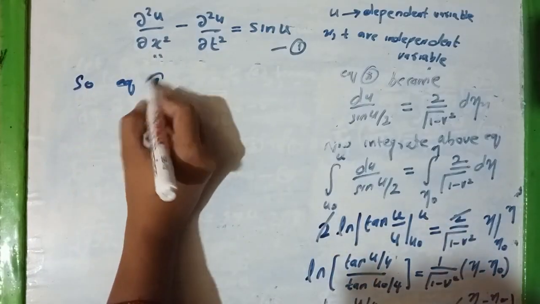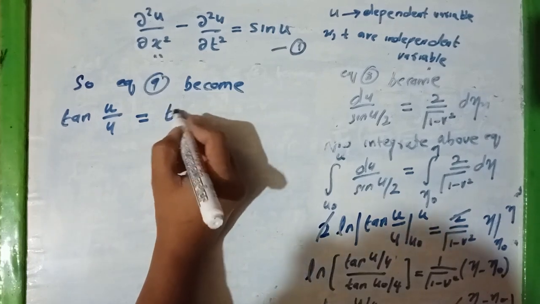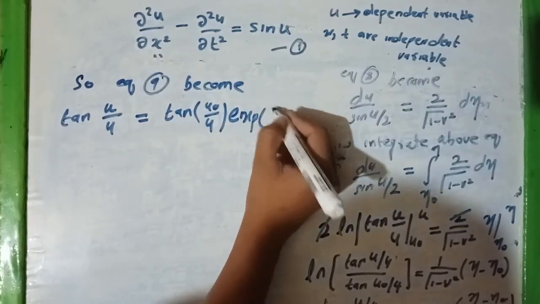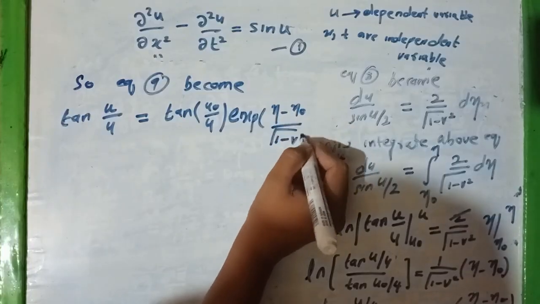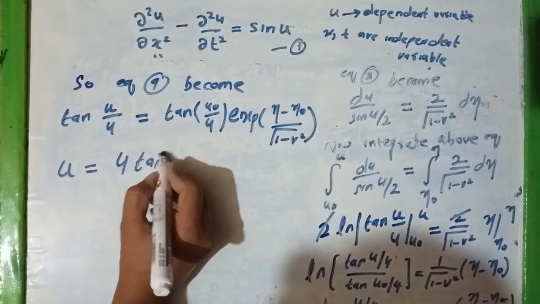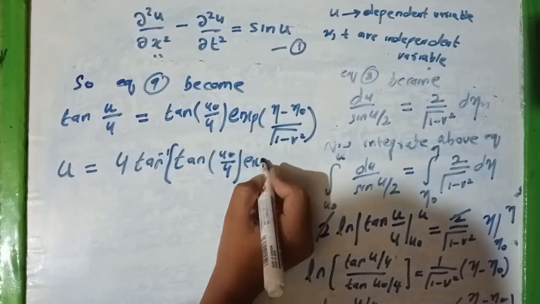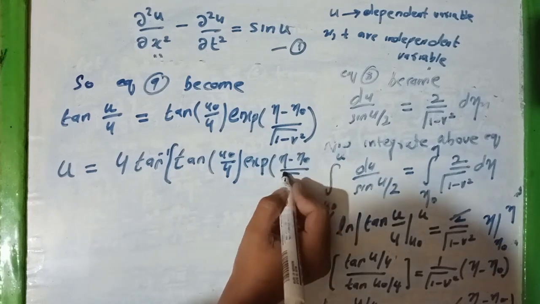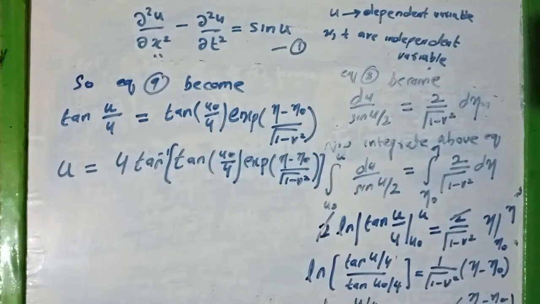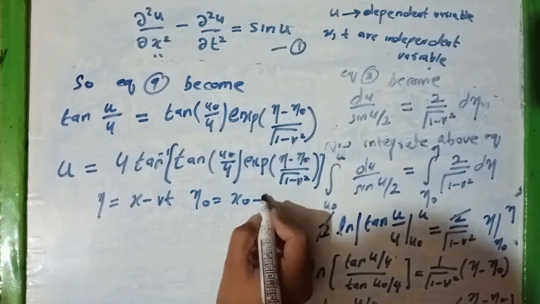So equation 9 becomes tan(u/4) is equal to tan(u₀/4) multiplied by exp of (η − η₀) over the square root of (1 − v²). So u is equal to 4 tan⁻¹ of tan(u₀/4) exp of (η − η₀) over the square root of (1 − v²), where η is equal to x − vt and η₀ is equal to x₀ − vt₀.